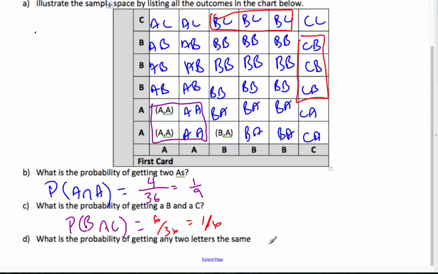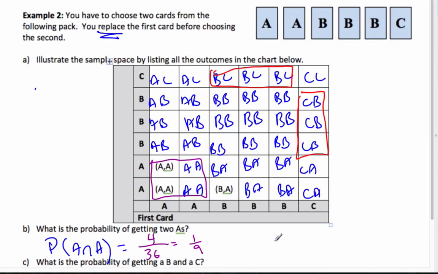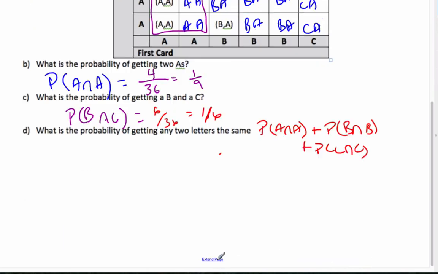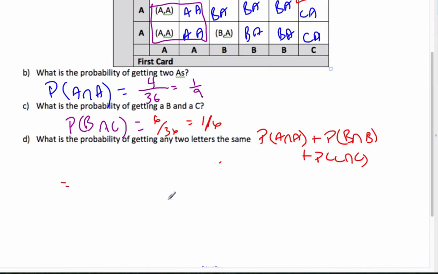And then the D part is, what's the probability of getting any 2 letters the same? Well, that's the probability of an A and an A, and the probability of a B and a B, and the probability of a C and a C. Okay, so I'm looking for all those possibilities.